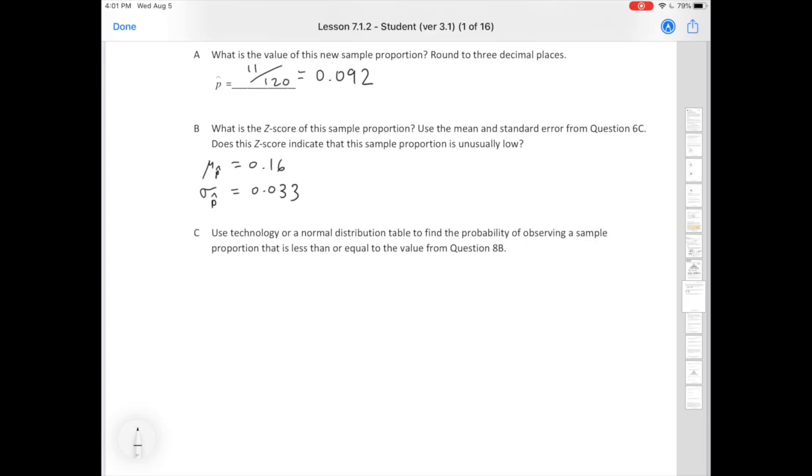This is actually something that you guys learned how to do back in Math 21A, so this should be a refresher. In order to find a z-score, the formula is that we take our value, subtract the mean, and divide it by the standard deviation. Another way you might see it written is p hat minus the mean, divided by the standard deviation.